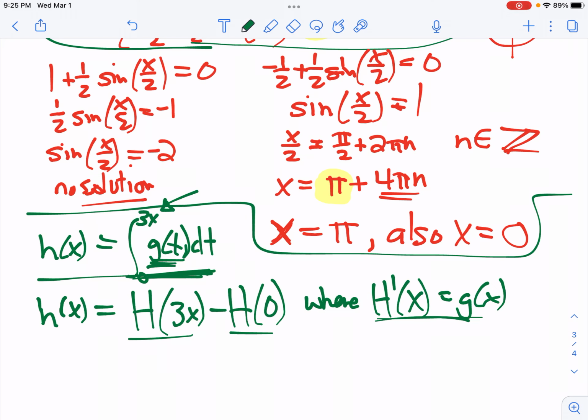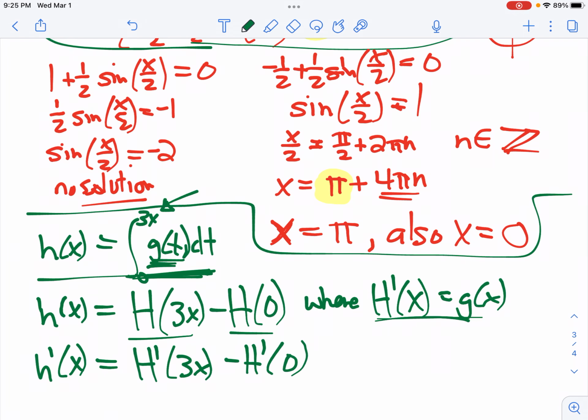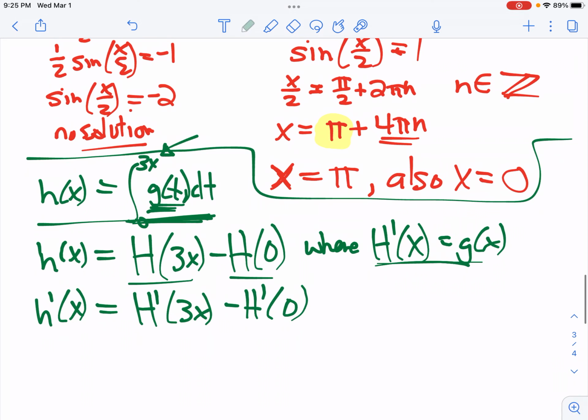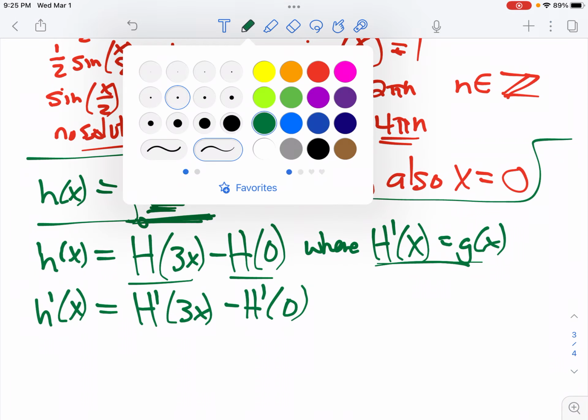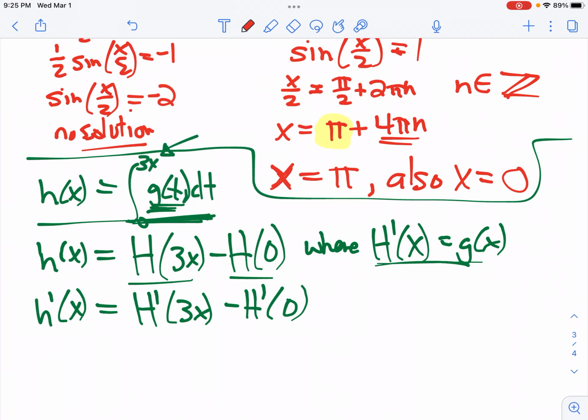Now, if I take the derivative of h of x, that's H prime of 3x minus H prime of 0. And that means H prime of 0 is the slope of the tangent line at a constant function.